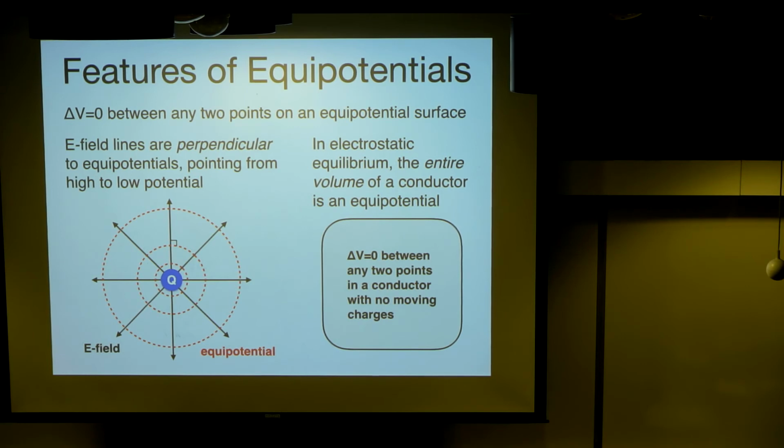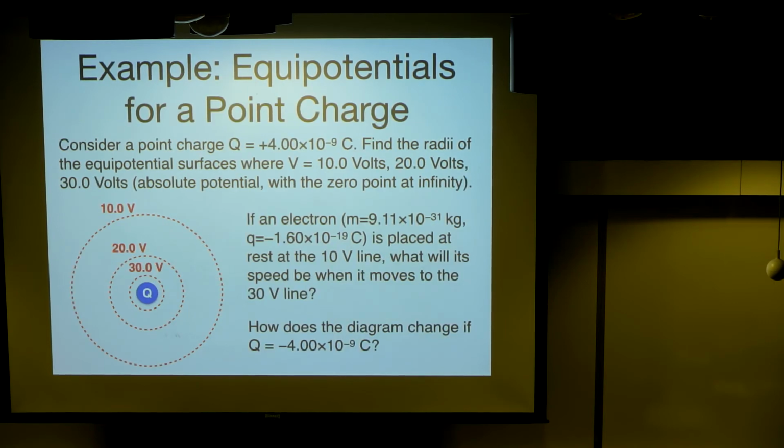So those are just some basic facts about equipotentials that we want to know. It's going to help us solve problems, okay? So let's do an example. Let's consider this point charge Q, which is positive 4 times 10 to the minus 9 coulombs. It's sitting right here. What we're going to do is find the radii.